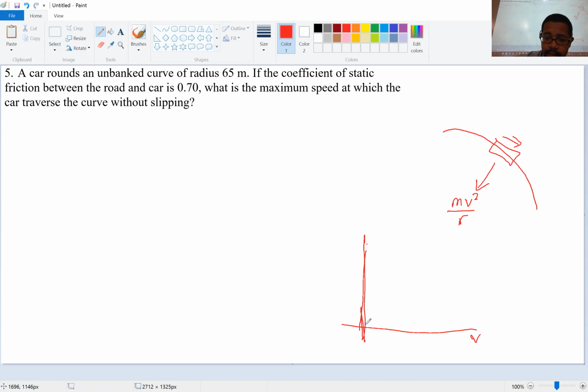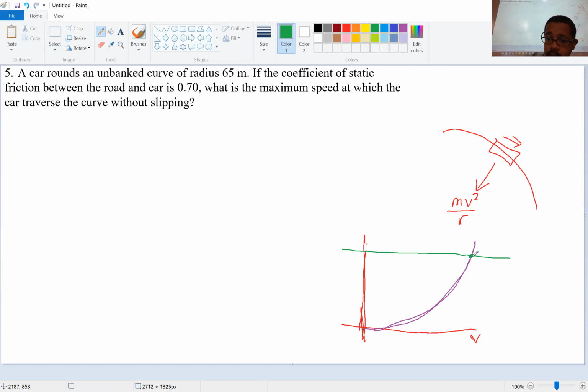So the centripetal force would look something like, let me use a different color, purple. Centripetal force would look something like that, because you have the velocity squared, with respect to V. And the frictional force has a bound here, let's say.